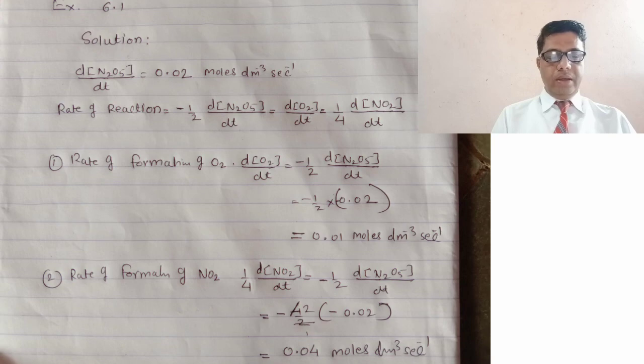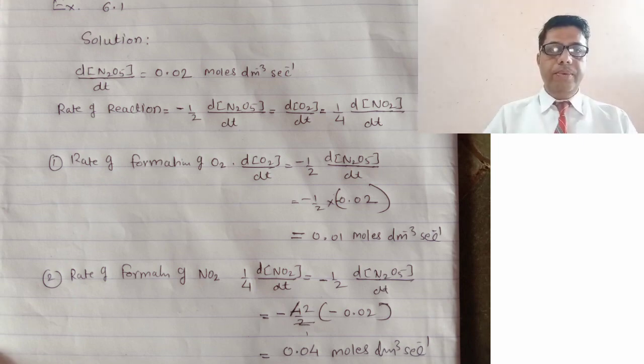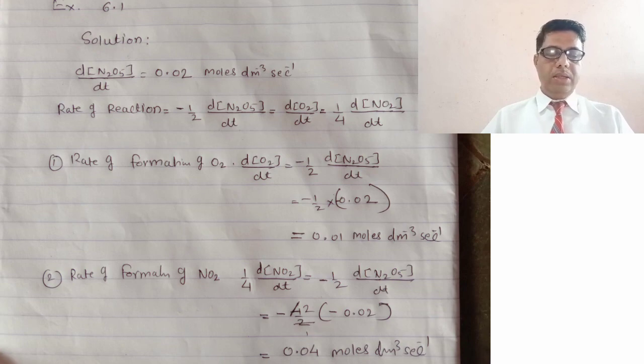So minus minus is plus. Solve this one, we get the final answer 0.04 moles per cubic decimeter per second. So carefully you have to write the example from your screen. There are some printing mistakes in your book.